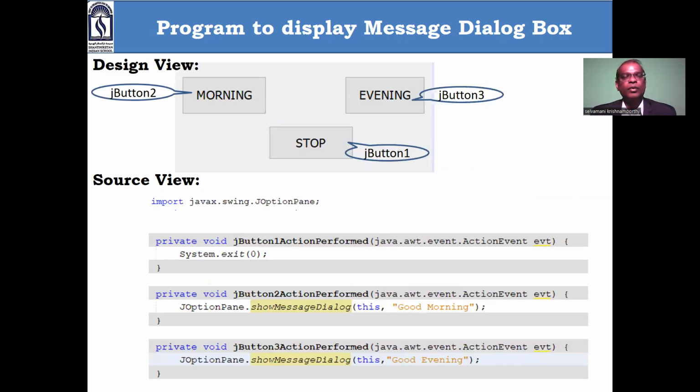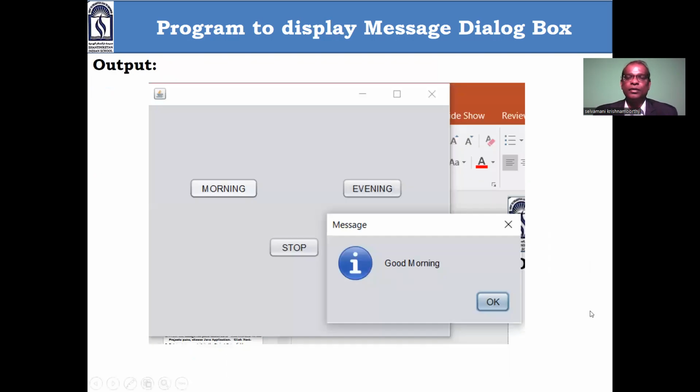This is our design view. The form should have three buttons. That means jButton1, jButton2, jButton3, with the captions or text stop, morning and evening. So my aim is, if I press morning, that is jButton2, I want to display this one. Good morning. This is the form.